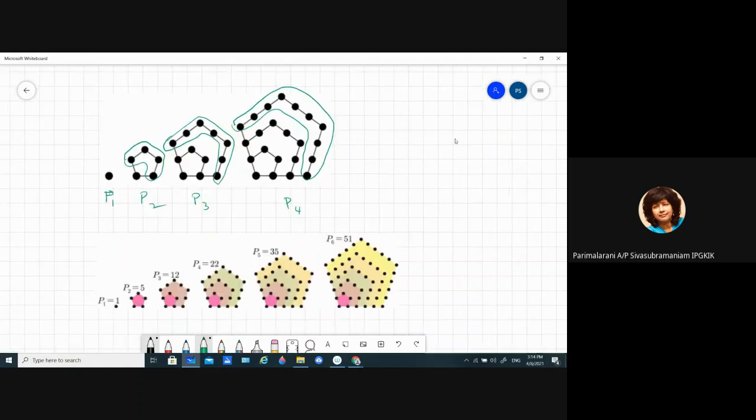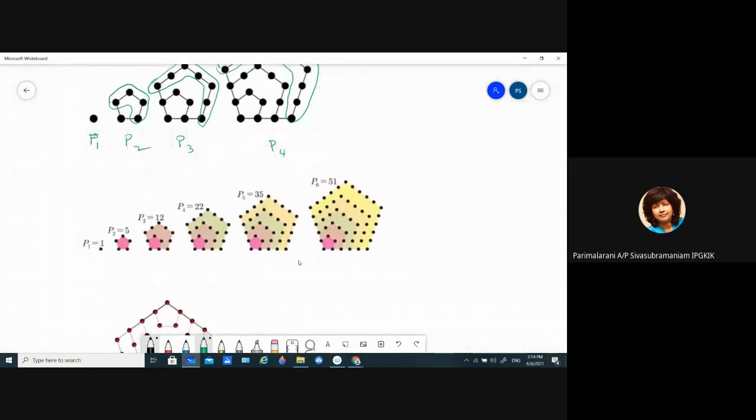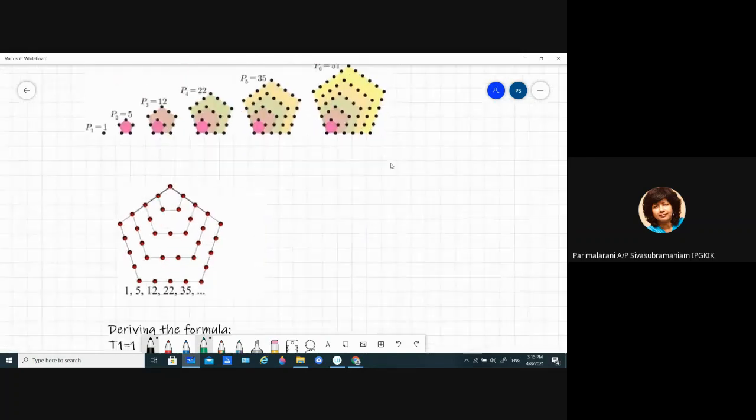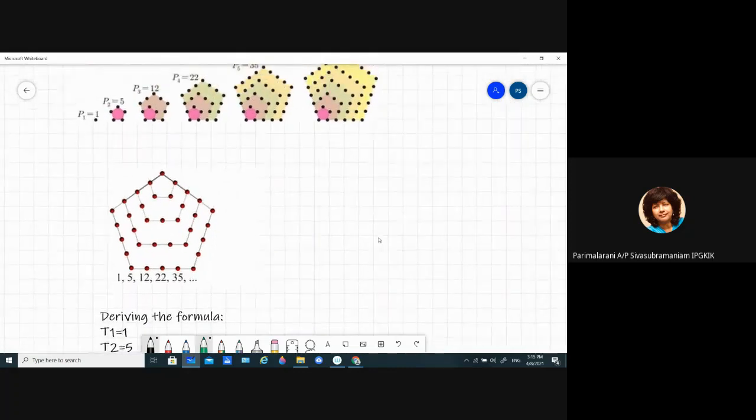Another way to look at pentagonal numbers is like this: the first pentagon becomes the second pentagon, and the pentagon keeps growing as you add gnomons.